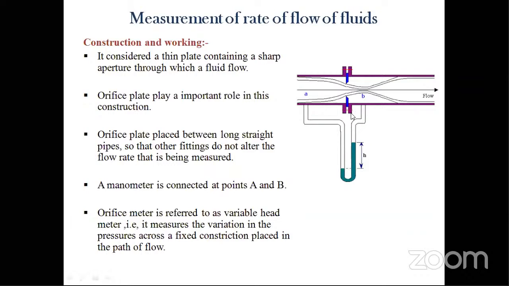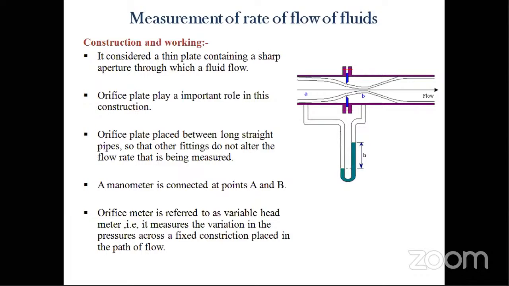The manometer is connected with portion A and portion B. They calculate the pressure from portion A to portion B. An orifice meter is referred to as a variable head meter, and it measures the variation in pressure across a fixed constriction placed in the path of the liquid or fluid flow.